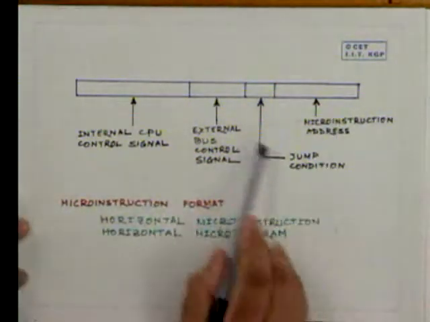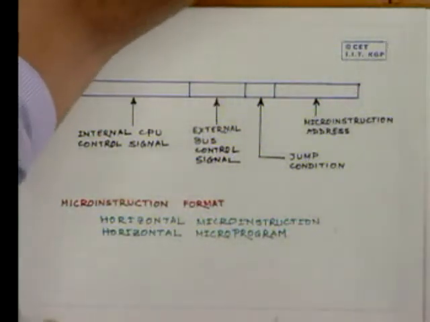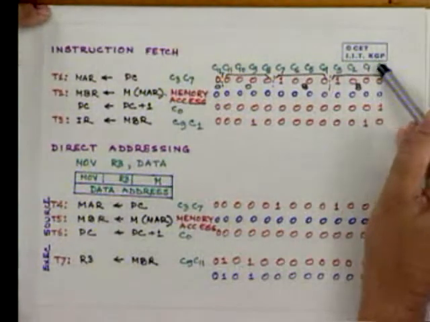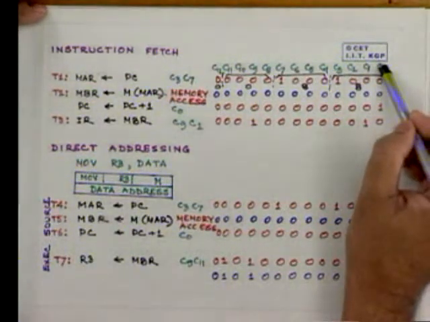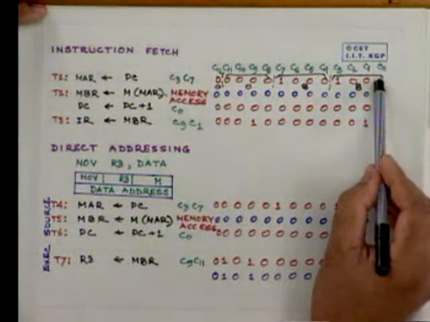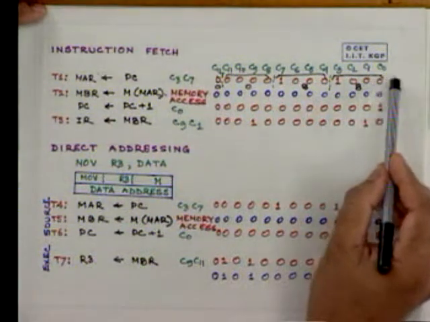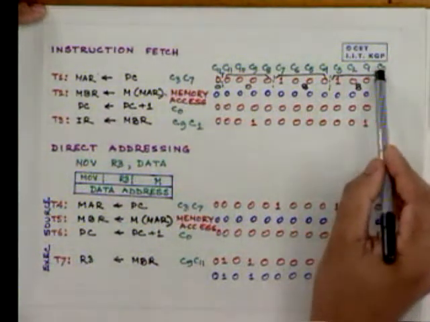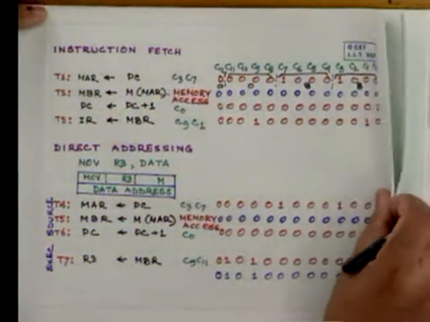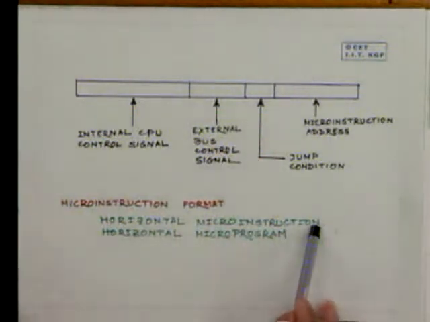If this be the situation, that for every control gate, like C0, C1, C2, there is exactly one bit, where 0 means it is closed and 1 means it is open, then it is called a horizontal micro instruction.